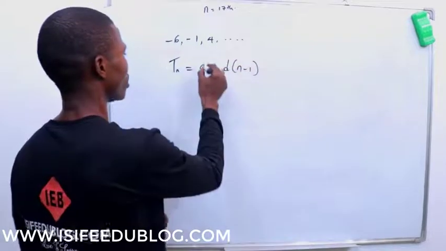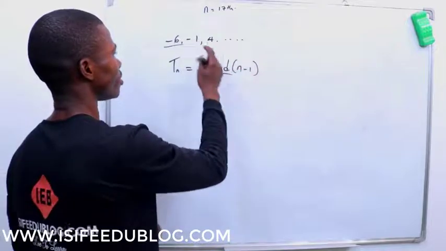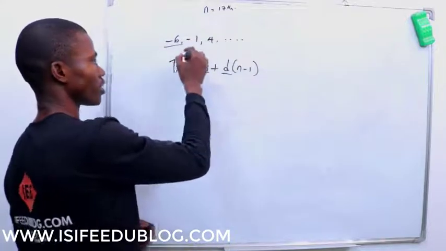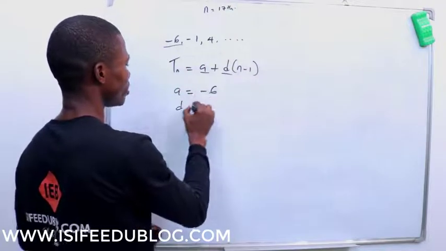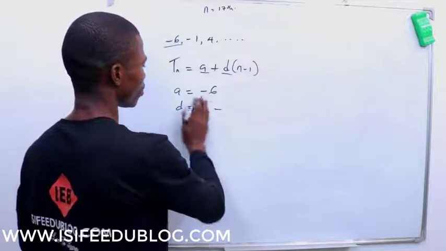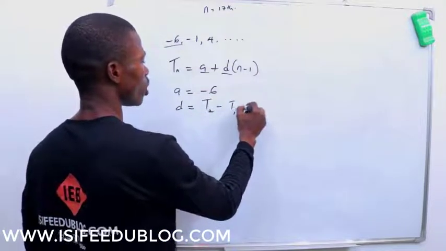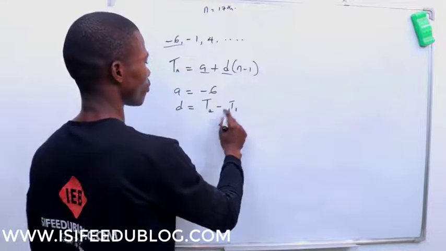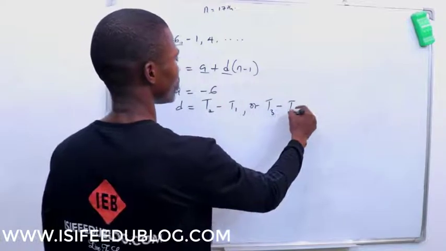This is our formula. Here is your first term, that is minus 6. Your common difference is the second term minus the first term. Our a is minus 6, our d is what? The second term minus the first term, t2 minus t1, or t3 minus t2.